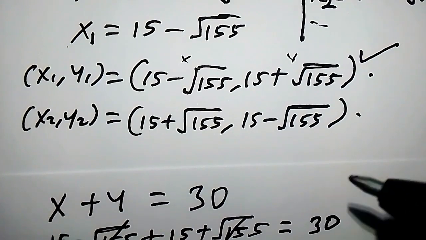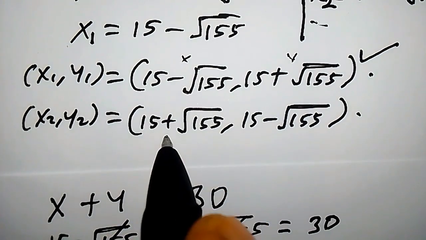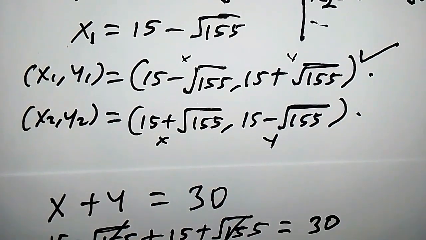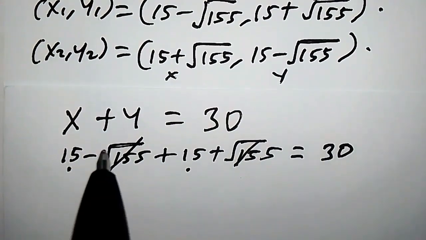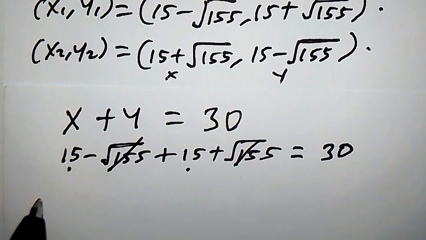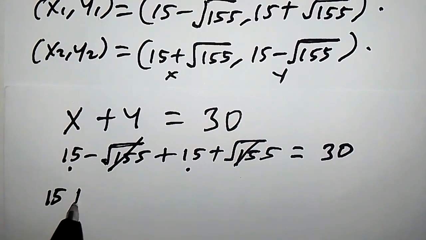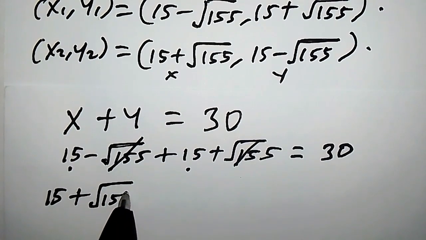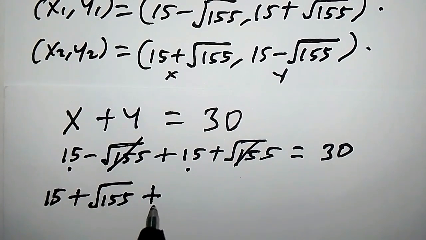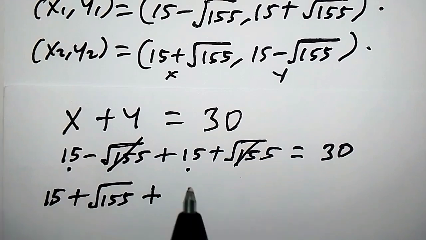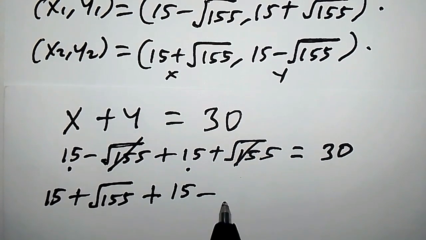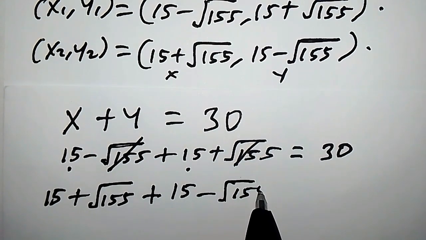Let's verify the second solution. This is x and this is y. If we plug it into the left hand side, we have 15 plus root 155 plus, what is y? y is this, 15 minus root 155.